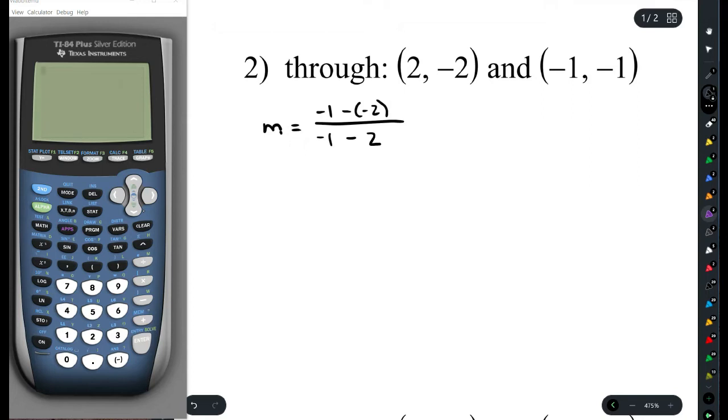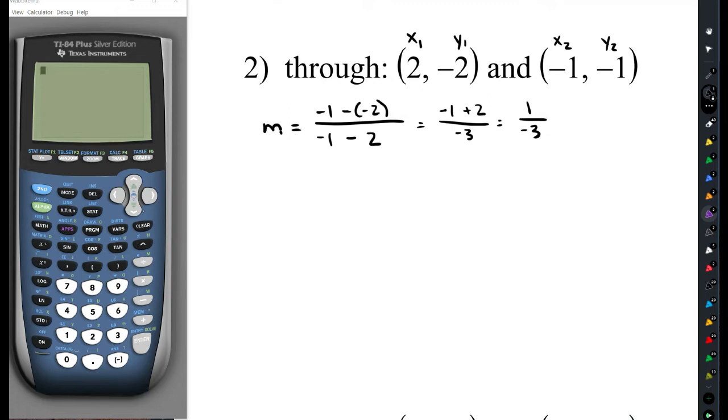Where did all that come from? Again, label everything out. Okay, careful with our negatives. It's really negative 1 plus 2 all over negative 3. Negative 1 plus 2 is 1 over negative 3. That is our slope. Next up, pick a point.